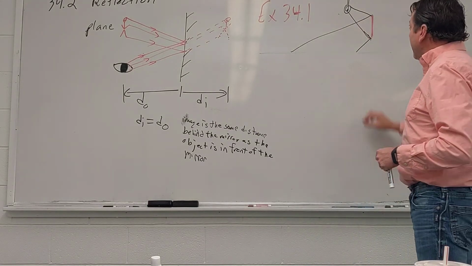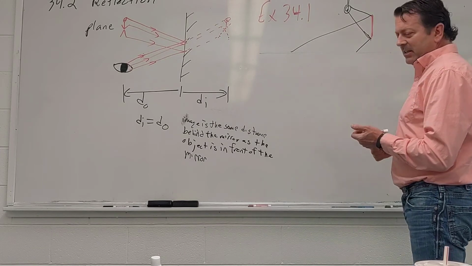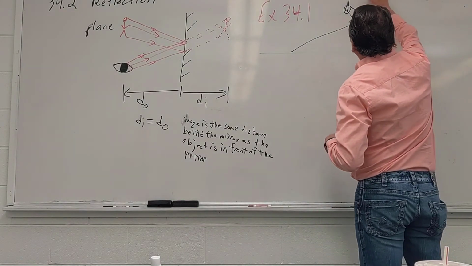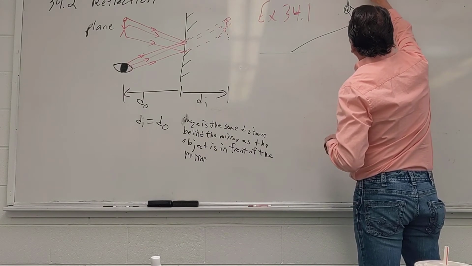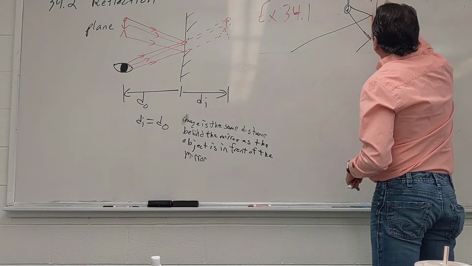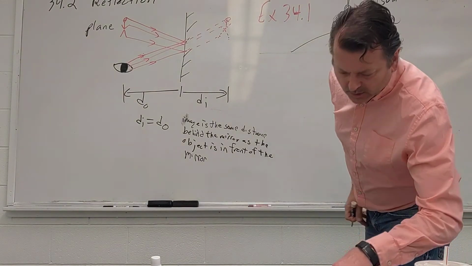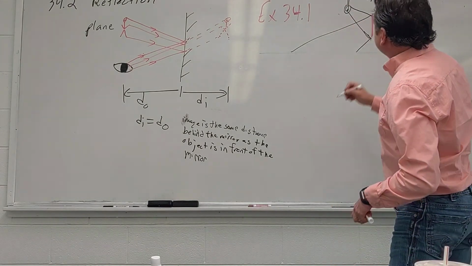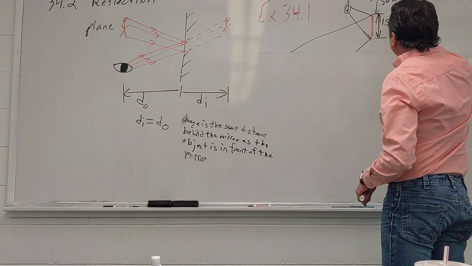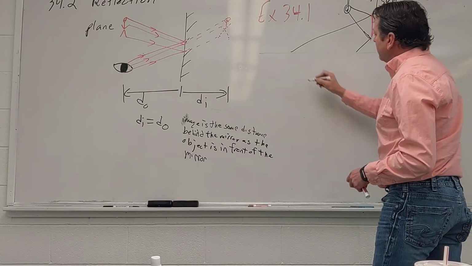The light from this light bulb gets streaked out. If we know this distance is 1.0 meters, this distance is 0.50 meters, the length of that mirror is 1.50 meters, and this is 0.50 meters on the ground.